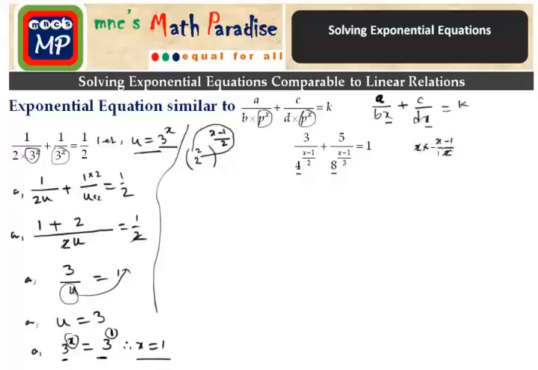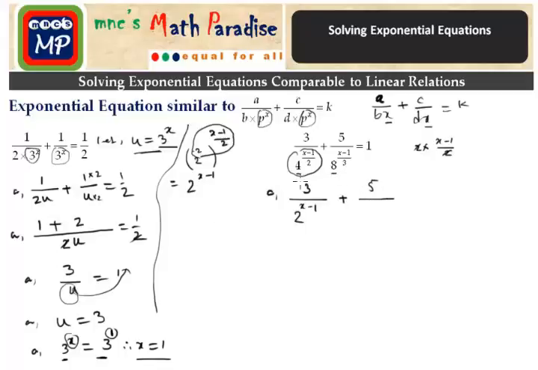These two will cancel, and we get only x minus 1. So after multiplying these two powers, we get 2 to the power x minus 1. So this term can be written as 3 divided by 2 to the power x minus 1, plus 5 divided by.